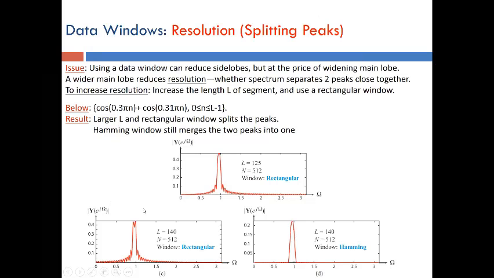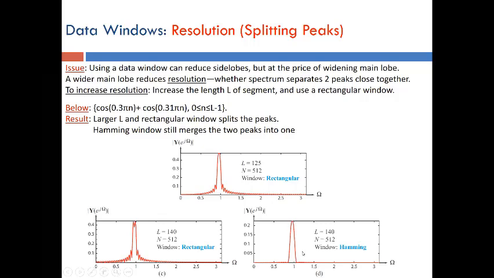In the opposite case, if you have 2 spectral peaks really close to each other in frequency, you want to use a window with a very narrow main lobe, because it's the width of the main lobe that causes these to overlap each other and merge together when you do the convolution. So for 2 spectral peaks that are really close to each other, you want to use maybe even a rectangular window that's got horrific side lobes, but you can resolve and see, yes, there are actually 2 different frequency spikes close to each other.